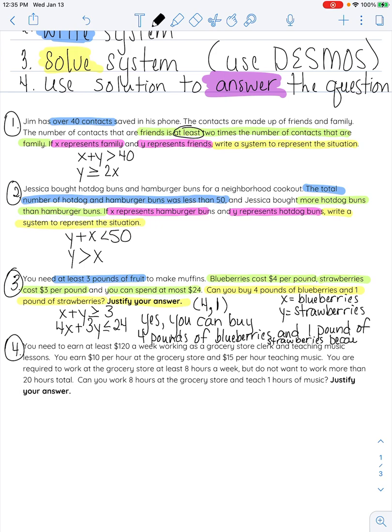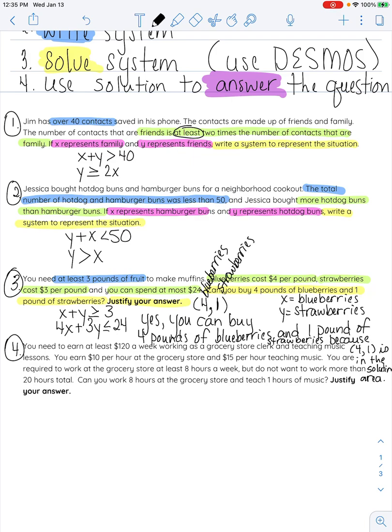You're simply going to state because 4, 1 is in the solution area, or 4, 1 is a solution to the system. Okay, so bottom line, that's how we check our answers. So the point 4, 1 means I can get 4 pounds of blueberries and 1 pound of strawberries.